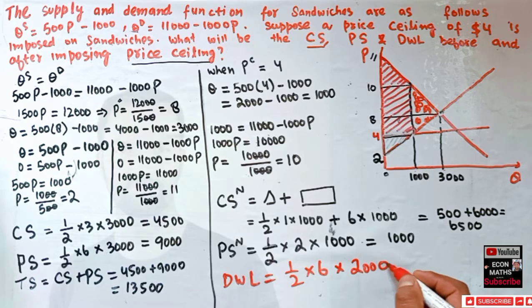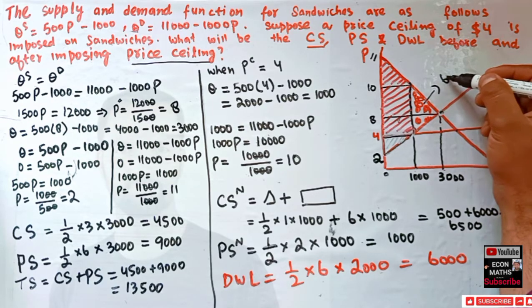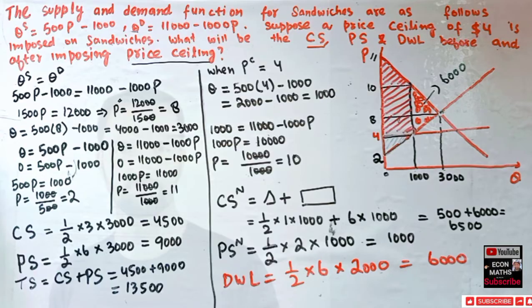So this comes out to be 6 twos are 12, 12 divided by 2 is 6. So we have 6000 as deadweight loss, and you can verify it also. Here we have this 6000 deadweight loss. Our producer surplus is 1000. I hope I am making the right calculation here.